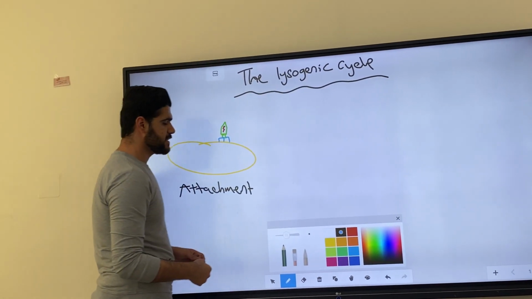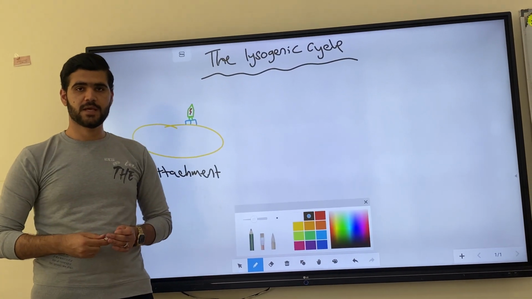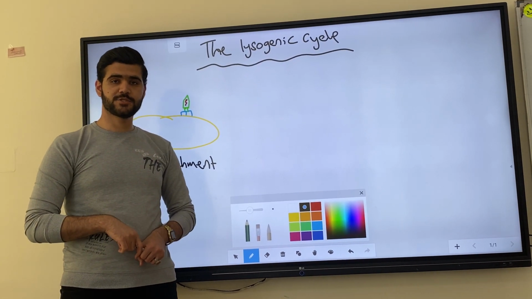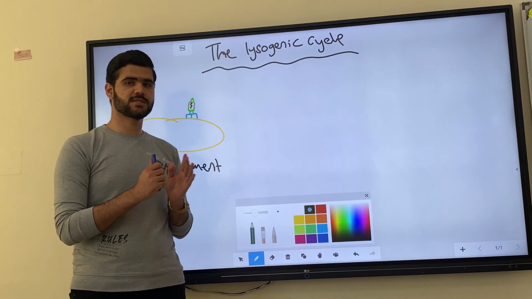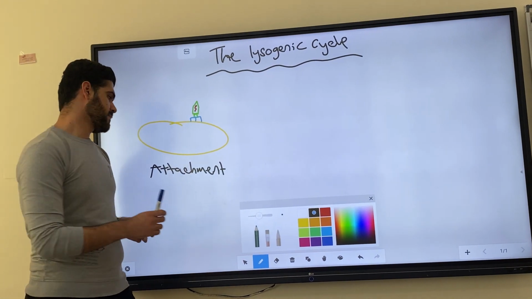After it has attached itself to the host cell, it will inject its genetic material into the cell, just like the previous cycle.